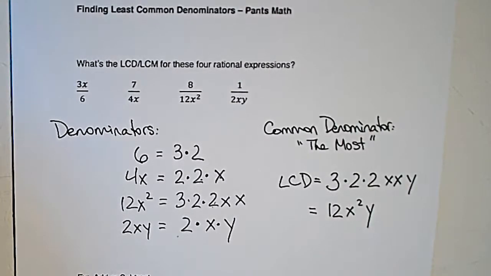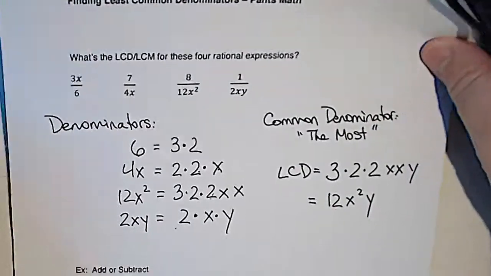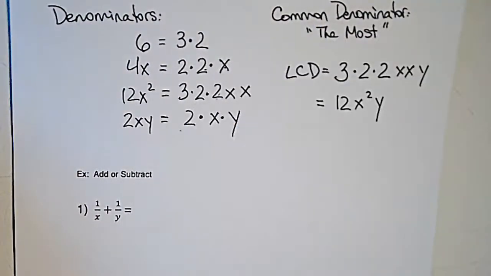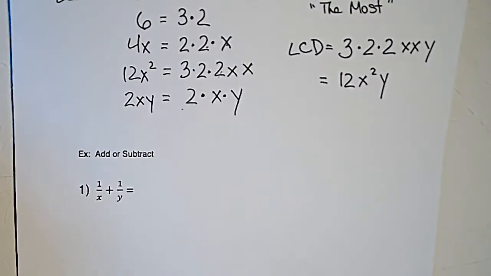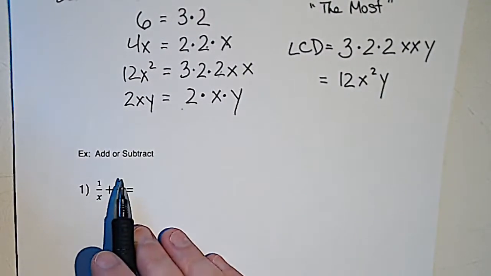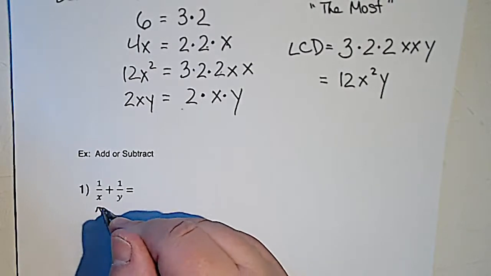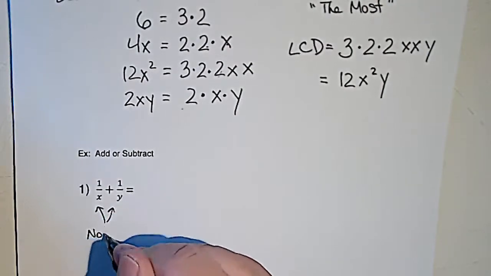Okay, are you ready? Woohoo! Now, after all this excitement, the very first problem we're going to practice on is going to feel kind of like a letdown. At least, I don't know, maybe it doesn't. 1 over x plus 1 over y. These are not common denominators.